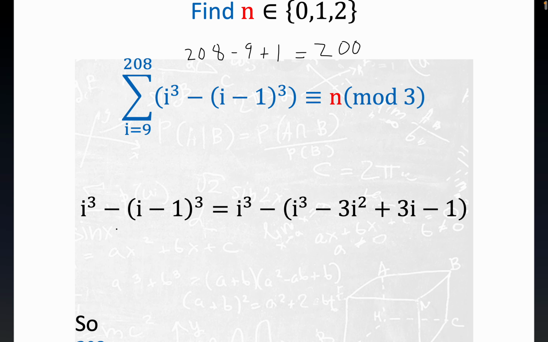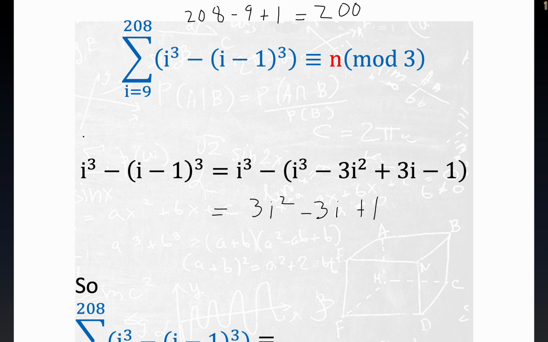So we'll do the difference of 2 cubes result, and I did some of it here for you. Notice what's going to happen right here. You'll get the cubic terms canceling, and then you'll have 3i squared, minus 3i, and a plus 1.